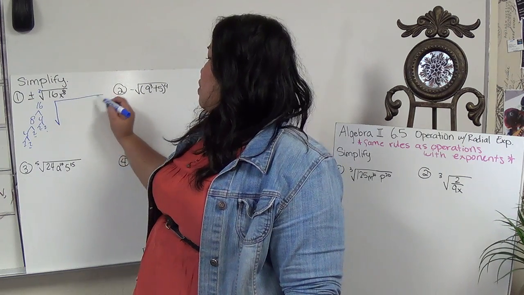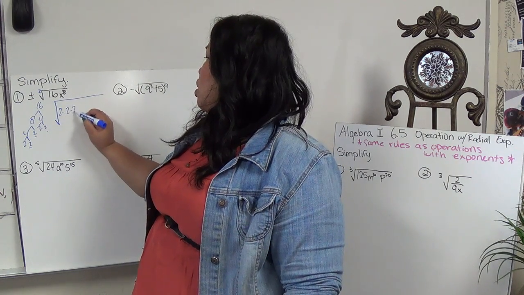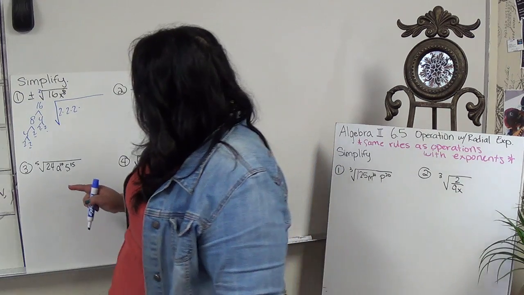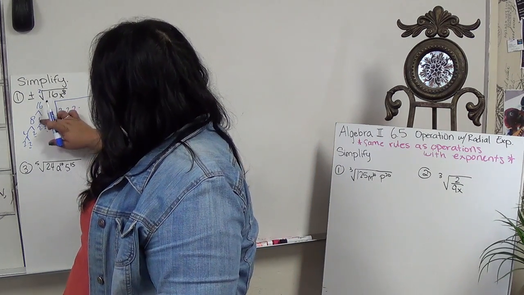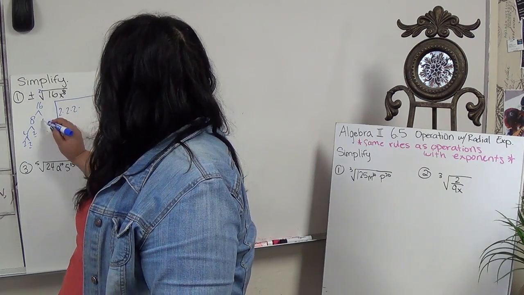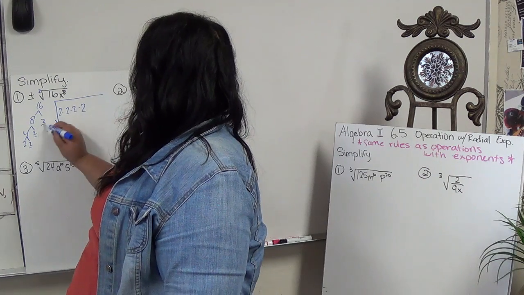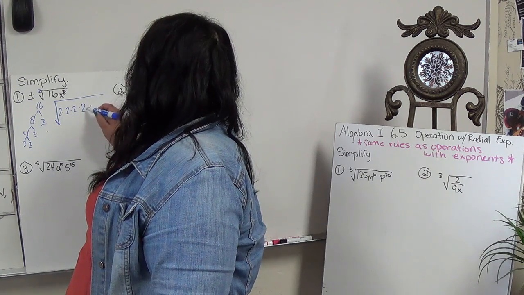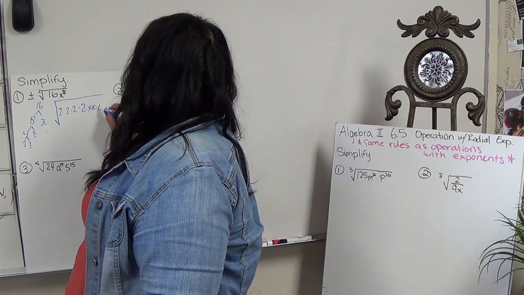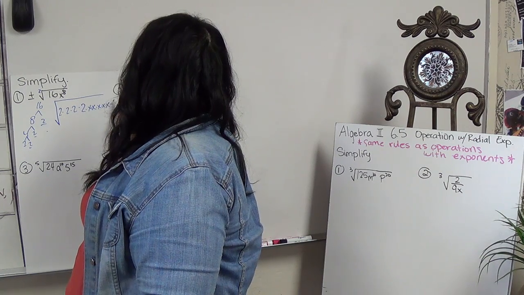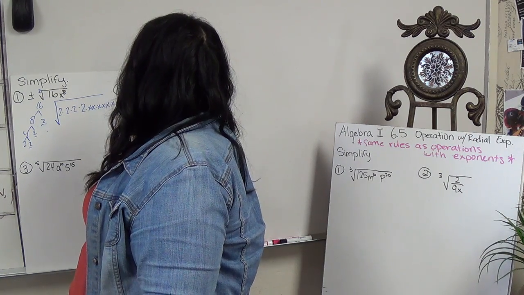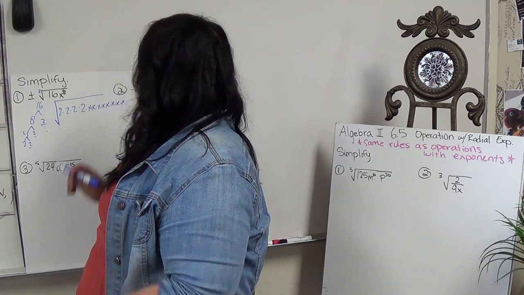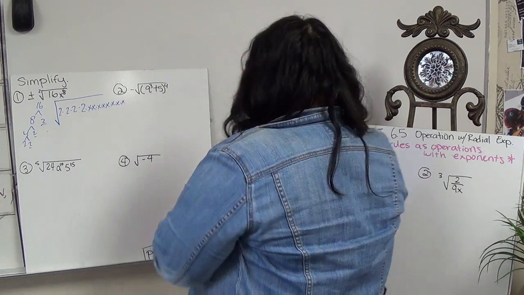So I have 5 2s. 1, 2, 3, no. It's not 8 times 4, it's 8 times 2. So I have 4 2s, and then 8 x's. 2, 3, 4, 5, 6, 7, 8. Okay?